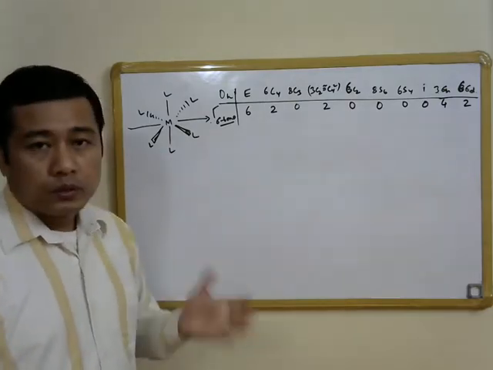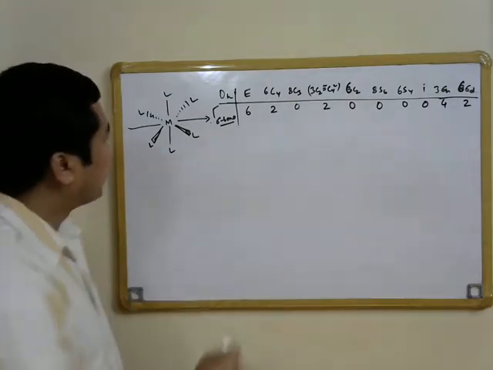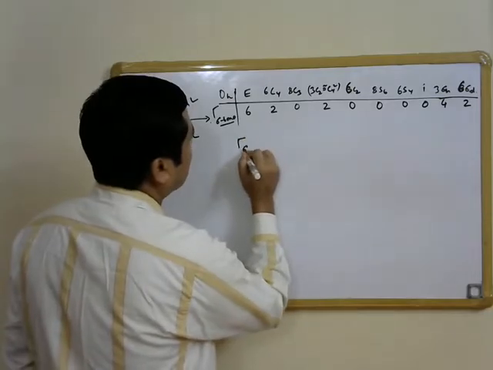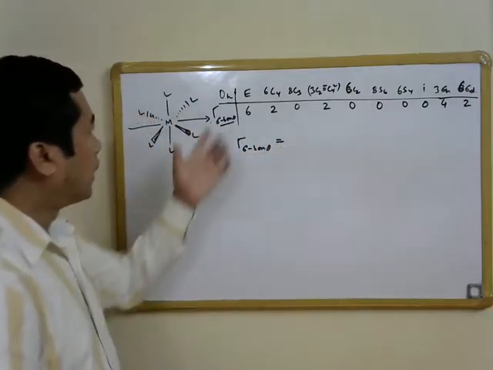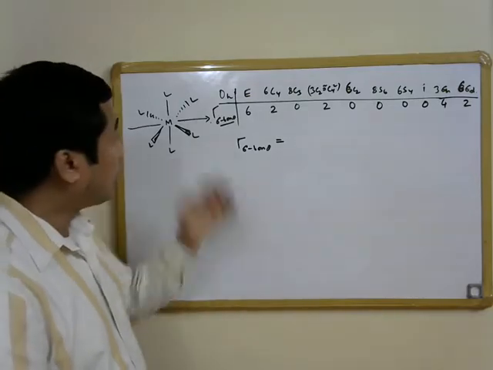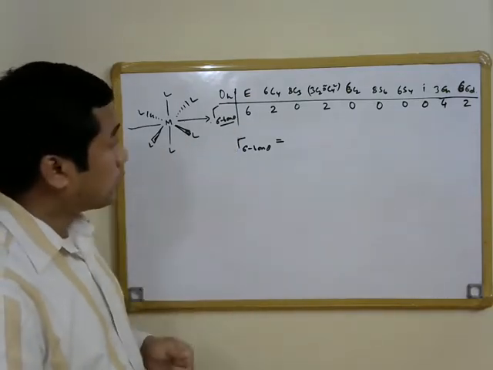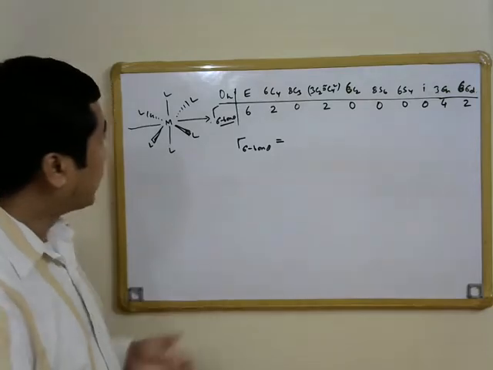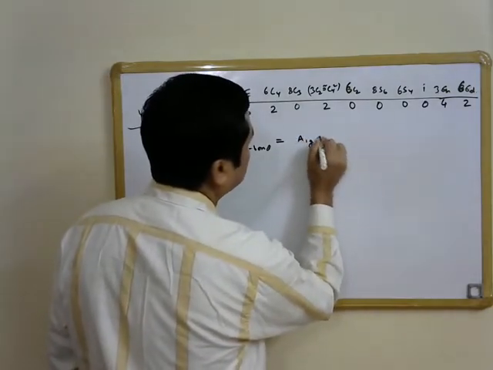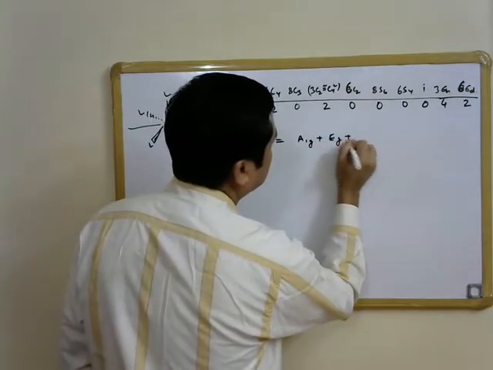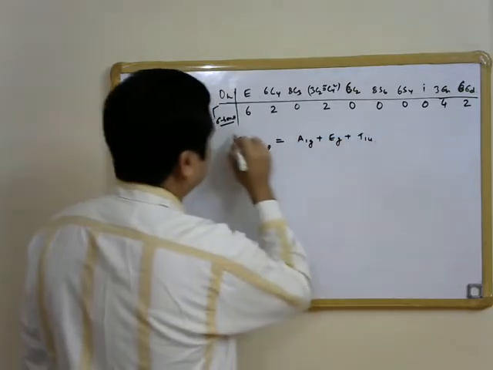Now, when you find out the irreducible components of this reducible representation, gamma sigma bond of an octahedral molecule, by using the Oh character table, you will find that this is going to be equal to A1g plus Eg plus T1u.